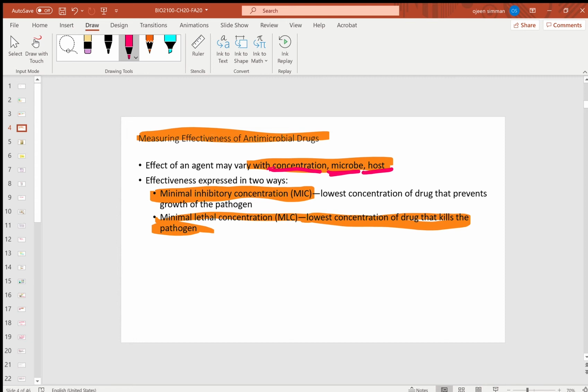The effectiveness is expressed in two ways. Minimal inhibitory concentration is the lowest concentration of the drug which prevents growth of the pathogen. It's also expressed as the minimal lethal concentration, the lowest concentration of the drug which kills the pathogen.